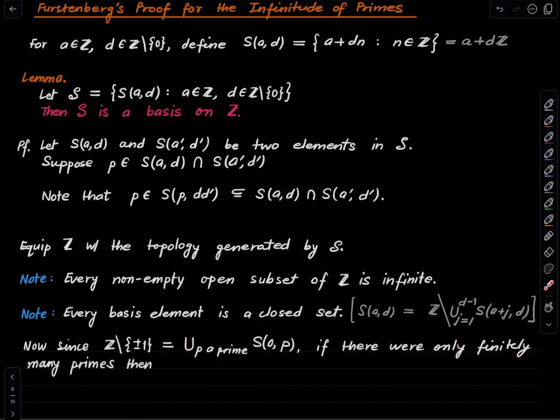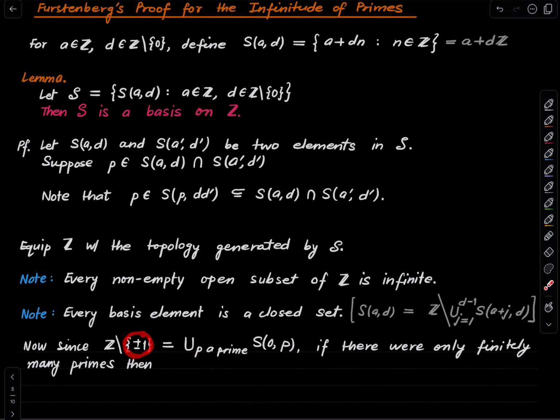Right? Because this is a union of finitely many things, assuming there are only finitely many primes. So this becomes a closed set, and therefore the complement of this set is a closed set, which means that this is an open set.